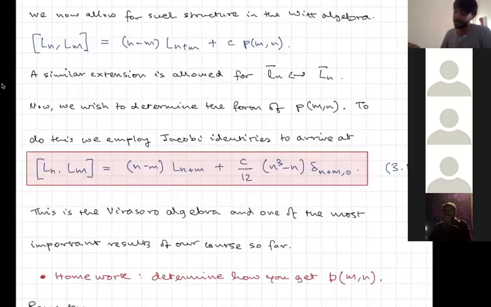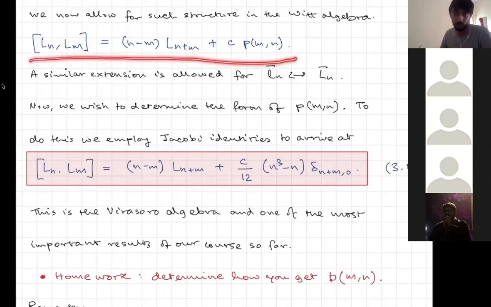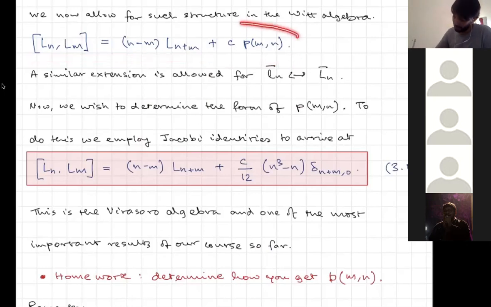Now I said that when you are looking at the Witt algebra, it actually admits some sort of central extension like this. So this part is the Witt algebra, and you have something else like this.